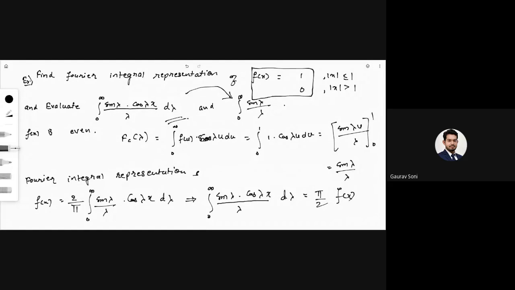So for what value of x will cos lambda x become 1? Zero. So put x equal to 0. Then integral 0 to infinity sine lambda by lambda d lambda is equal to pi by 2 f of 0. But f of x is equal to 1 for mod x less than 1, so f of 0 becomes 1. So the answer is pi by 2.